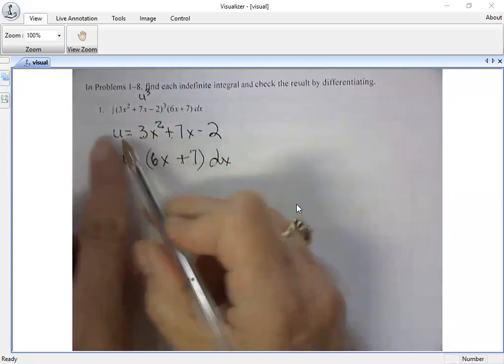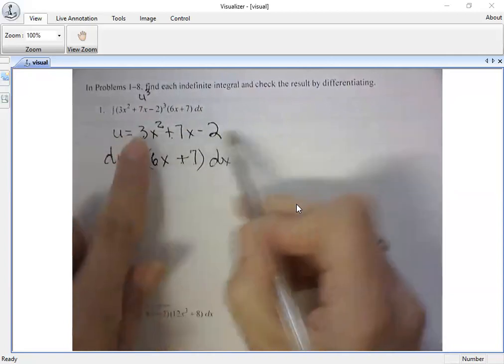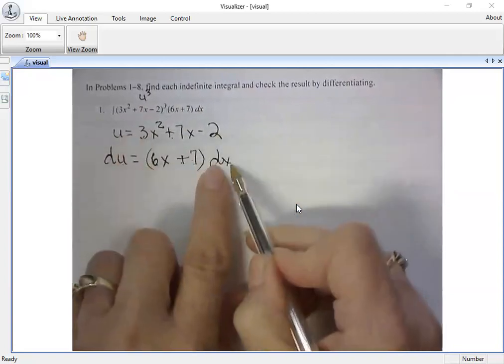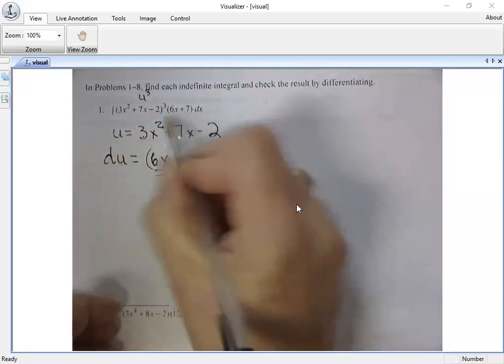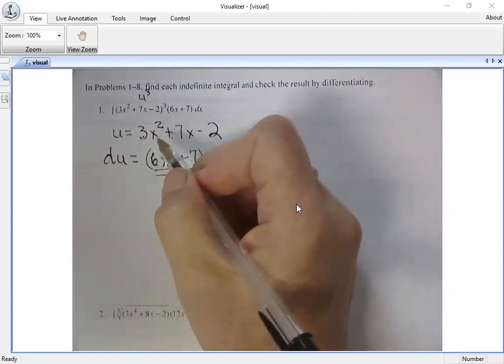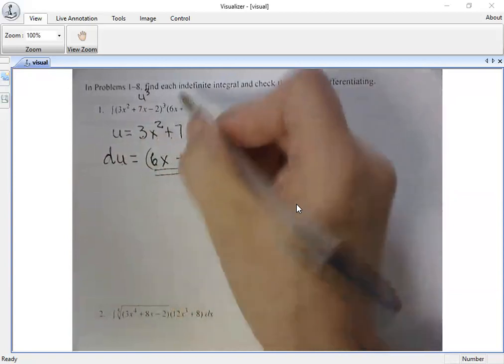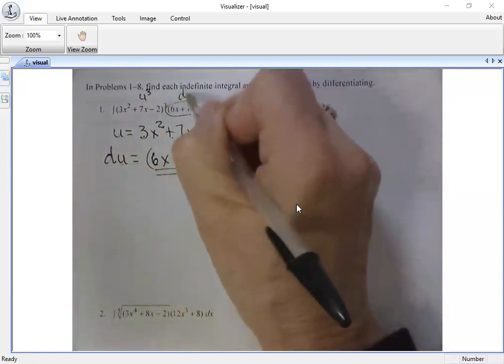Because remember what I did, if I'm differentiating, my du is going to be whatever this is with respect to x. Do I have all of this kind of floating around out here that was my problem, why I couldn't integrate originally the way that it was? This is du.